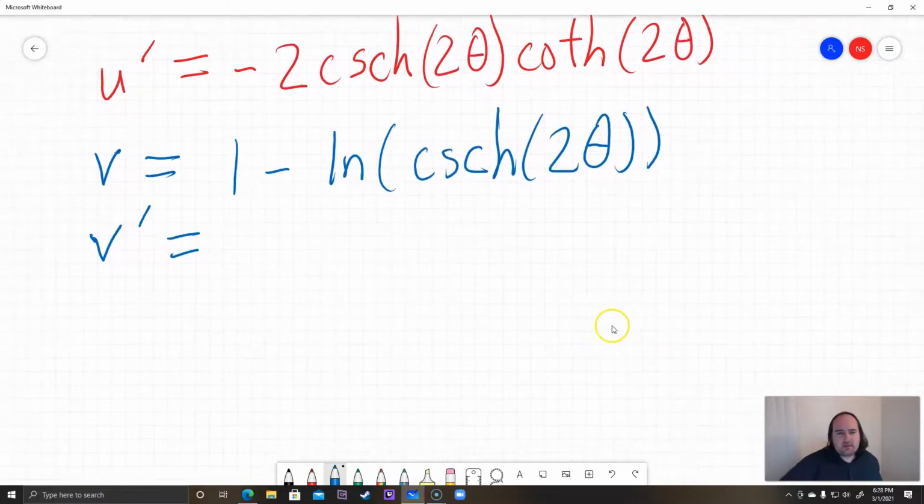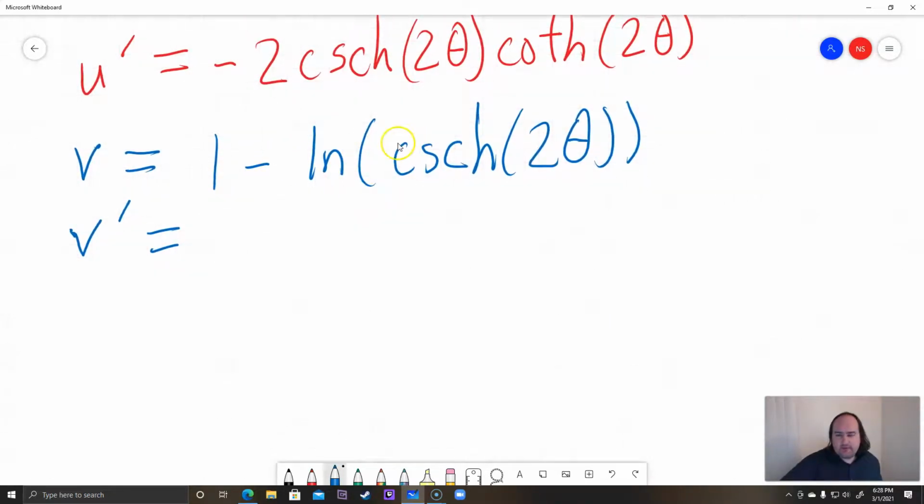And then to take the derivative of negative ln of cosec of 2 theta, just like the last example that we did, we have to work our way inward. So we're going to start with the outer function, take the derivative of the outer function, middle and inner left alone, and then multiply that times the derivative of the middle function, inner left alone, and then multiply that times the derivative of the inner function.